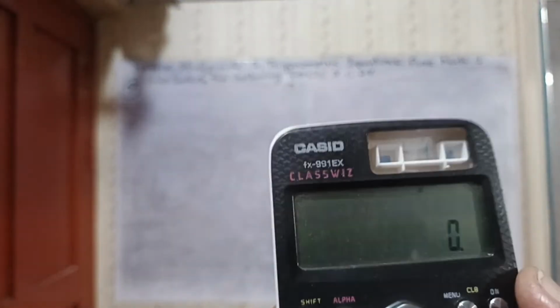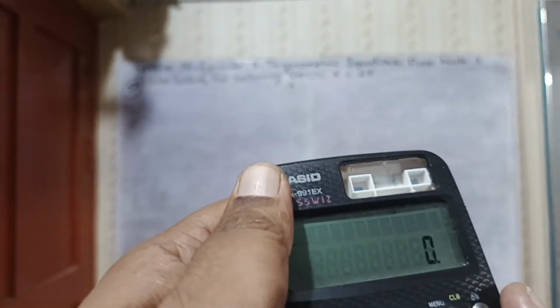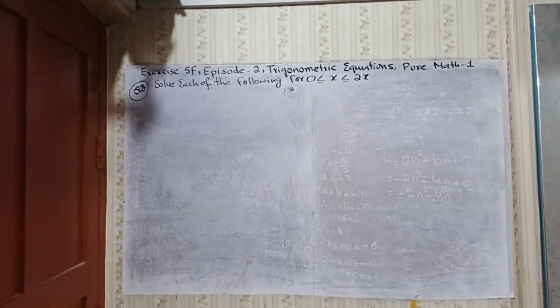Now you can see the display has changed and it is showing a small R. I don't know if it is visible in the video, but it is now set in radians. So now we have set our calculator.